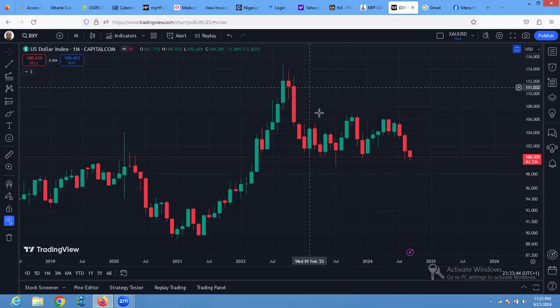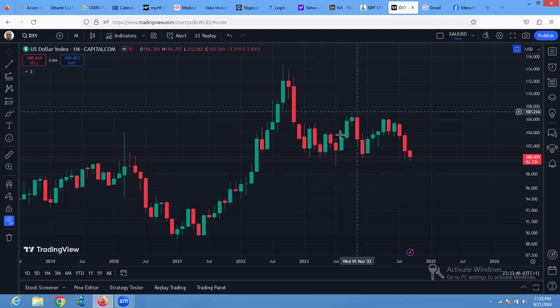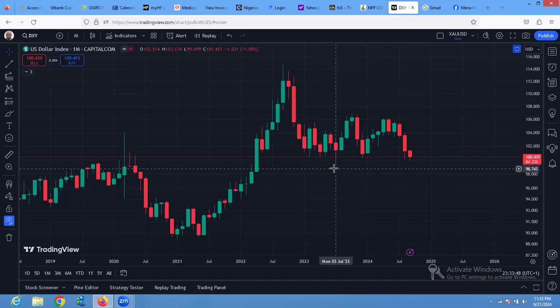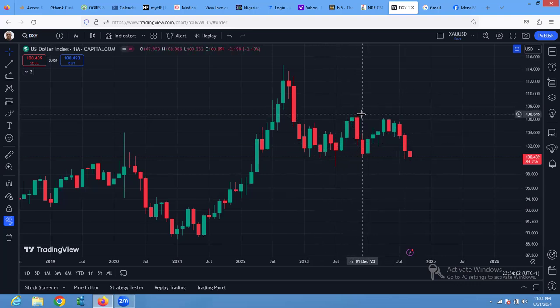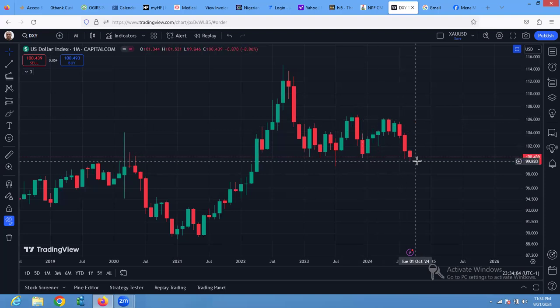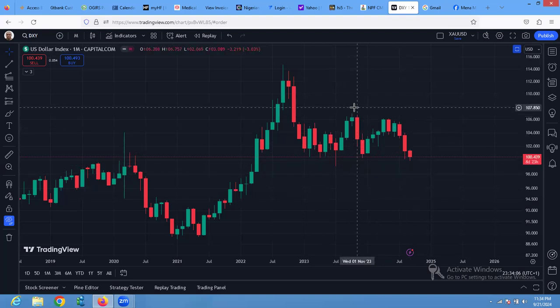So now, if we take this first move to the upside here as a W, the triad as a W, and this coming down ABC as one structure, this W will now become one structure.